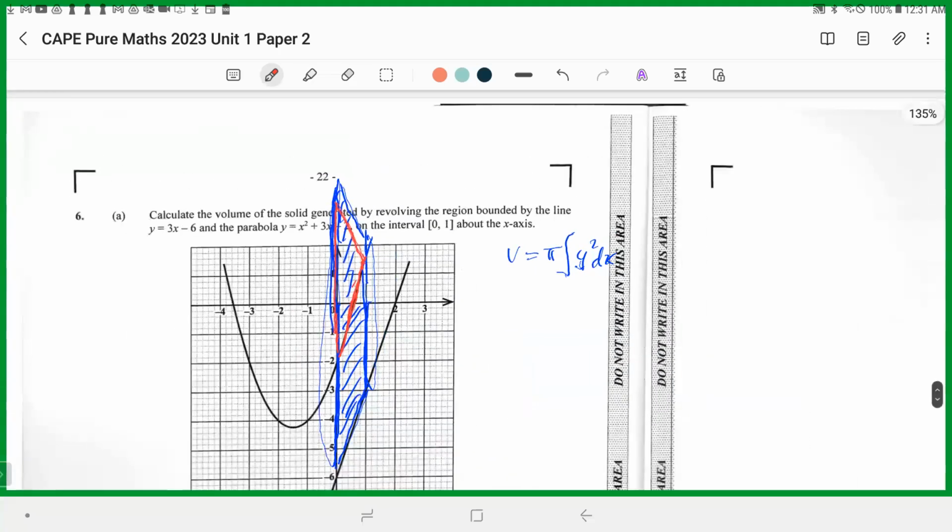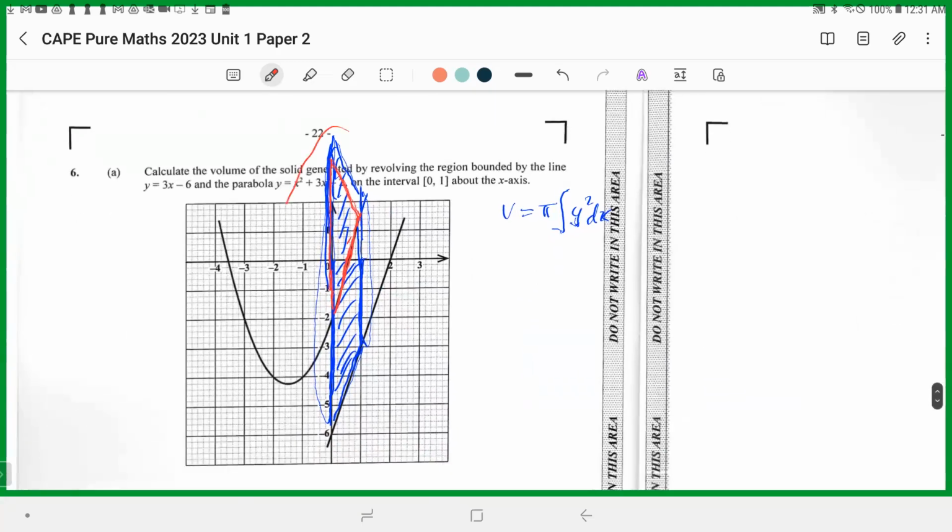So basically it's going to be the volume generated by the line minus the volume generated by the curve. Simple as that. The line is going to give you a larger volume than what the curve is going to give you. So you have to subtract to get the difference, right?